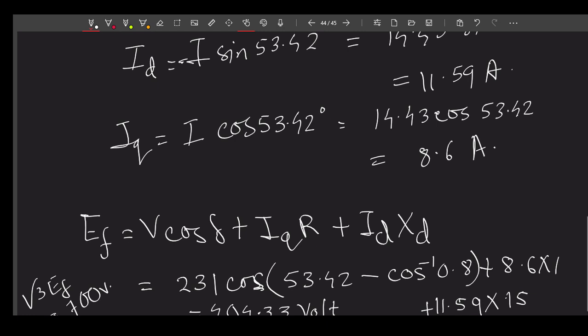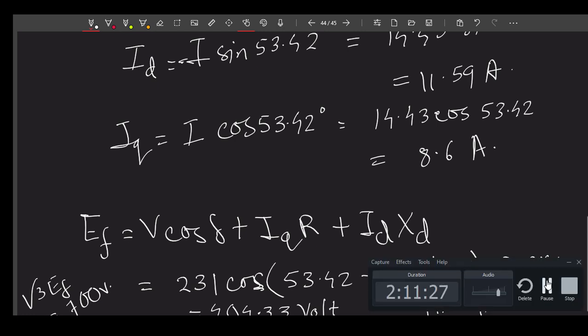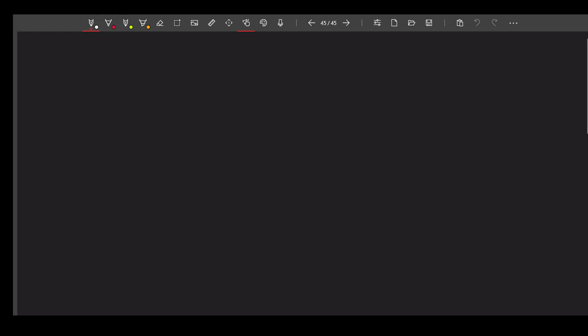Okay, so after that we will try some more conceptual problem. Now in this problem we will study the effect of saturation on our salient pole synchronous machine. The outcome of slip test is given like Xd is equal to 100%.